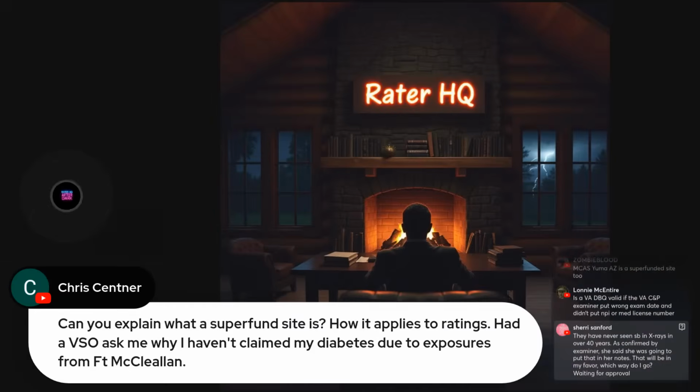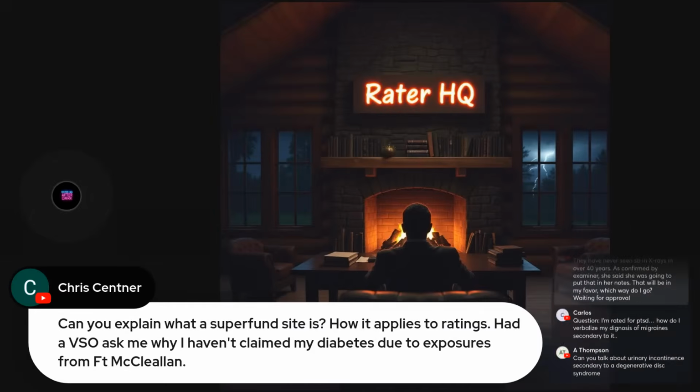So, like I said beforehand in another question, I would list the specific chemicals that you were exposed to at Fort McClellan and put that in a VA Form 21-4138 and submit it with your claim. That way you explicitly claim the chemicals and you force them to decide whether or not those chemicals are in the circumstances of your service.